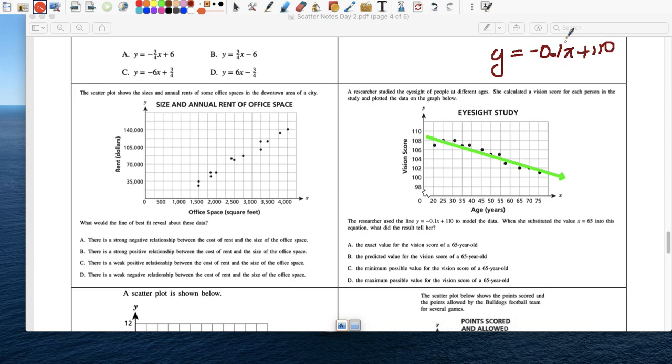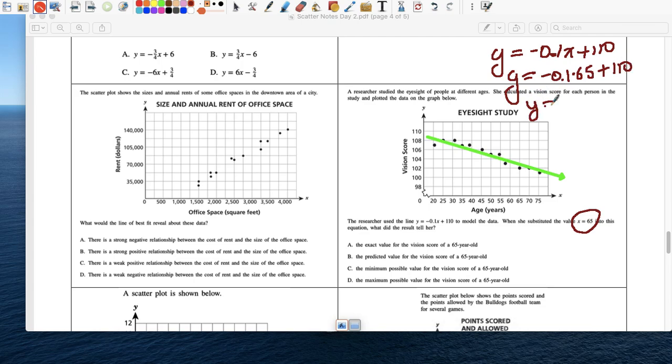So that tells you that your score decreases by 0.1 for every year that passes. If somebody is 65 years old, what would her score be? We can look at the graph and figure it out, but they want you to substitute. So y, the person's score, equals negative 0.1 times 65 plus 1/10.